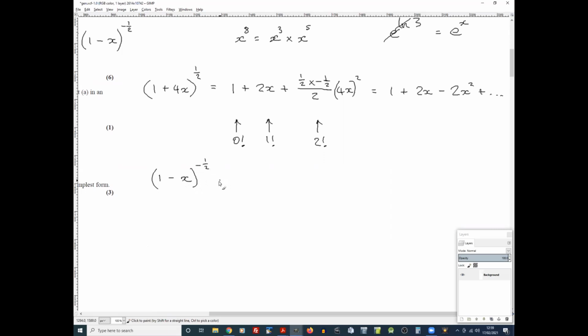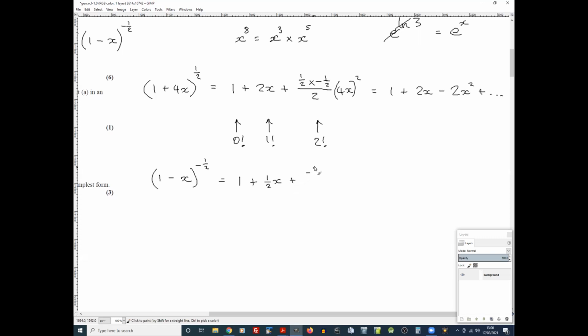And then doing the same with this one. So we get 1 plus minus a half times minus x. Plus the fraction.